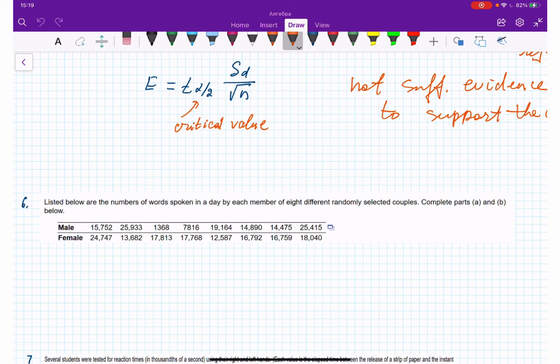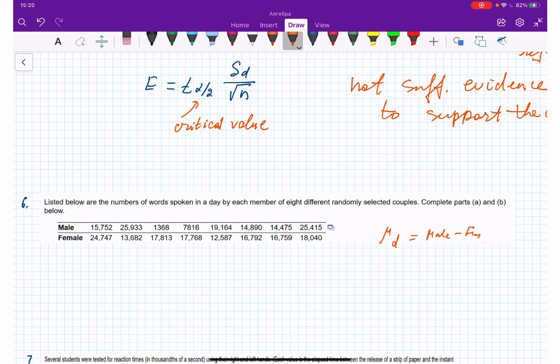Okay, so we are going to use mu d, right? Mu d is the average of differences between these two, which means male minus female.